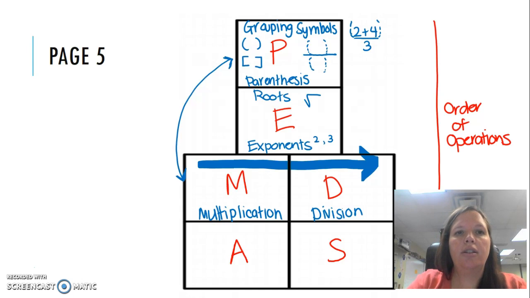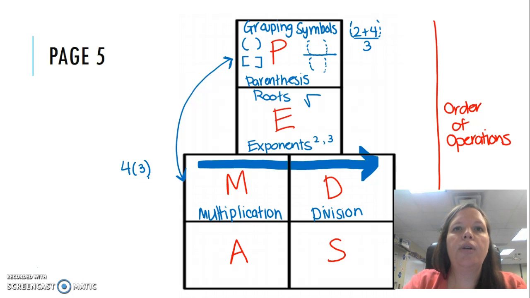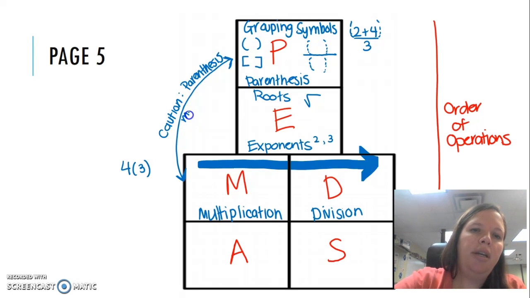Parentheses, just like if I wrote 4 parentheses 3, are actually a way to show multiplication, not to group things. So one thing to be cautious about: parentheses may only indicate multiplication.